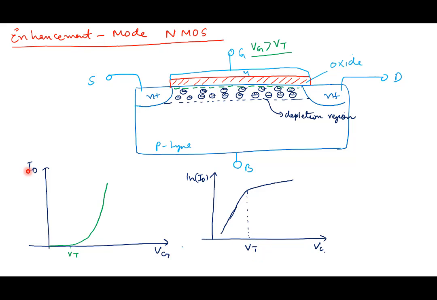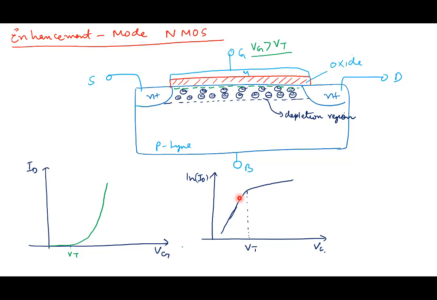Alright, on a linear plot of ID versus VG, the current would appear to be very small up to VT, and then begin to increase beyond VT. It gives a wrong impression that below VT the current is 0. That's why we have plotted log ID versus log VG.